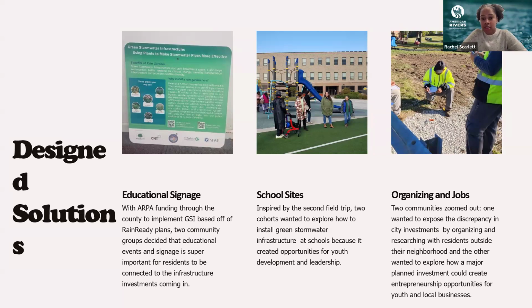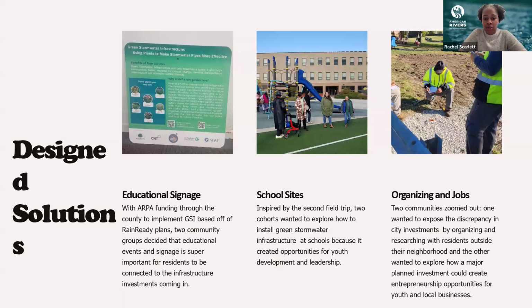And they were part of the Civic Innovation Hub. So through Rain Ready, there were already plans to implement green infrastructure, and these community members wanted to add to those projects by adding educational signage to the new infrastructure coming into their neighborhoods so that the community can recognize what the infrastructure is doing for water management.